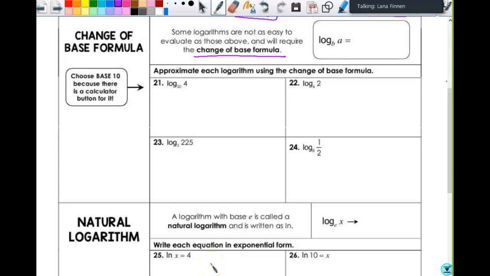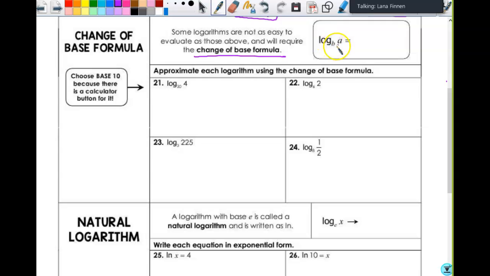So we changed them to base 10 because it's on the calculator easy. Now on these calculators, you can actually do log base whatever, but it's usually a little bit harder to get to. You got to push some more buttons, but we have to know how to change the base for other reasons anyway.